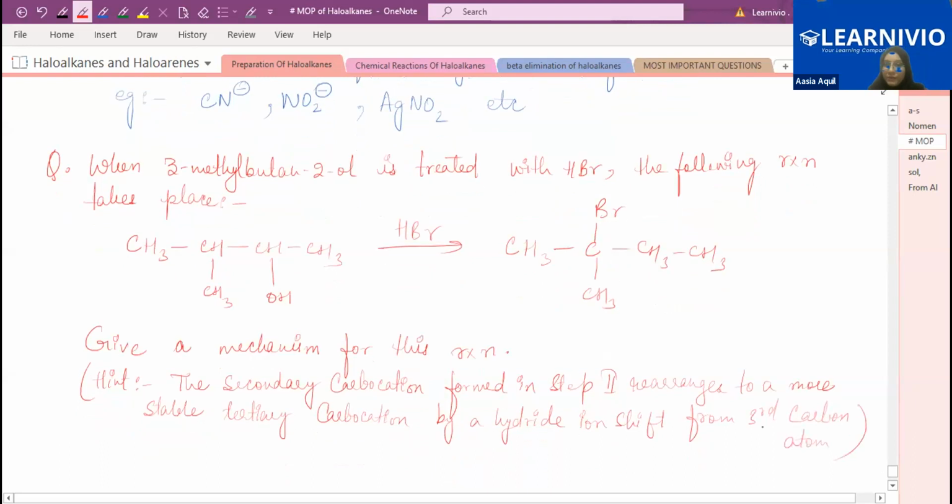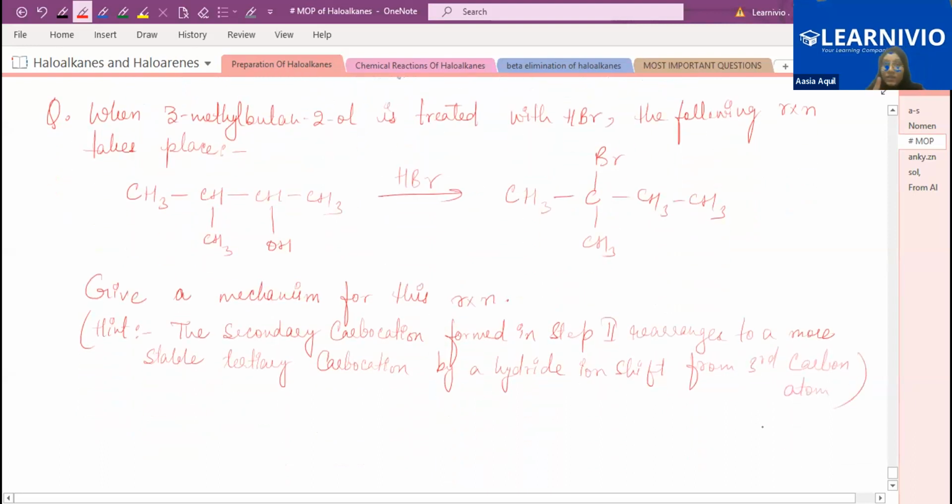Okay, now first try to understand the question. When 3-methylbutan-2-ol is treated with HBr, the following reaction takes place. This reaction is given and the product is also given. What you are supposed to write is a proper mechanism of this reaction, how the reaction proceeds and how this product came.